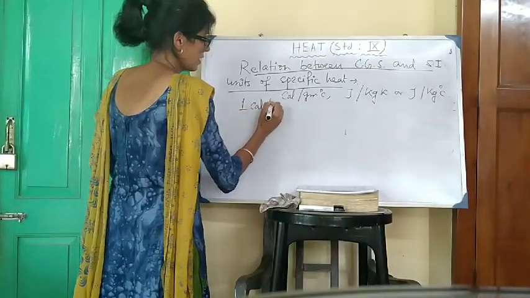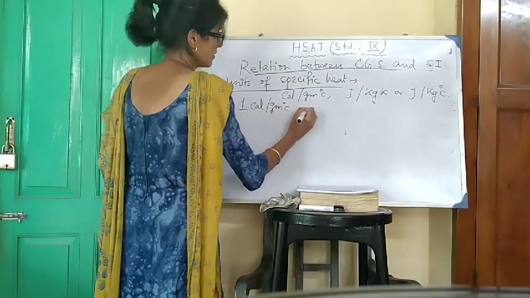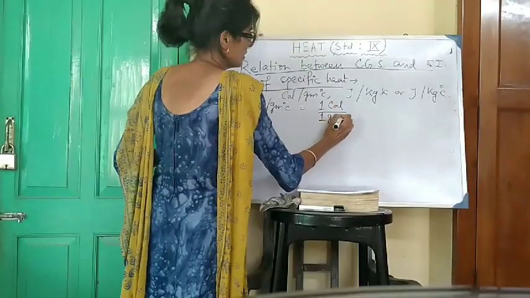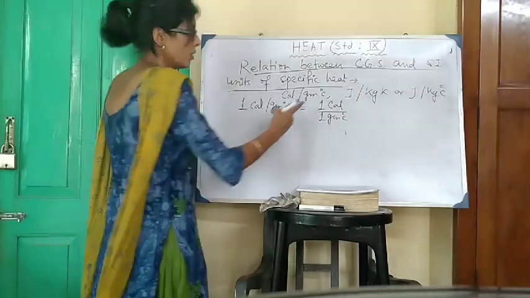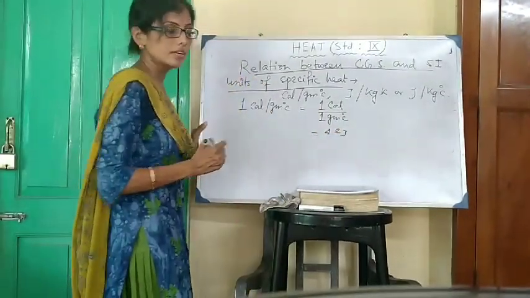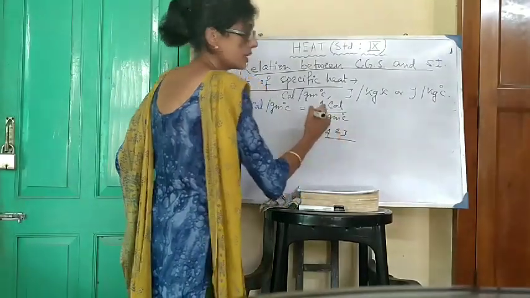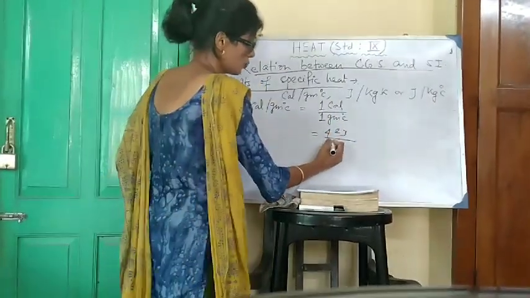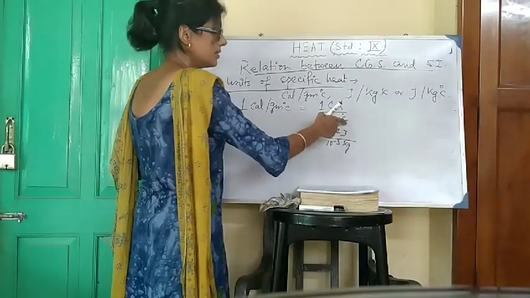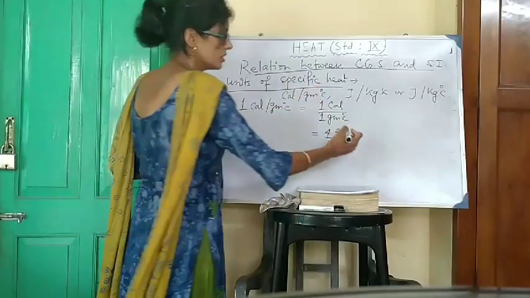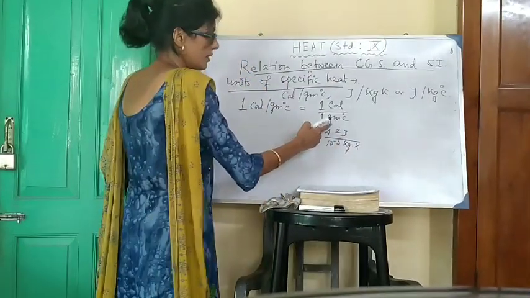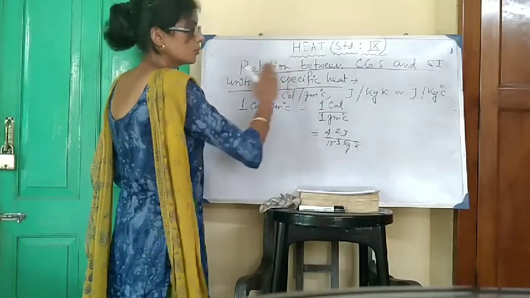1 calorie per gram degree Celsius. We can write it as 1 calorie divided by 1 gram degree Celsius. Okay, 1 calorie is equal to 4.2 joule, the relation between calorie and joule. 1 gram is equal to 10 to the power minus 3 kg. So we can write 10 to the power minus 3 kg in the denominator. Degree Celsius means the increase in temperature in Celsius scale, so we can write it as Kelvin also. Right? 4.2 divided by 10 to the power minus 3, it will go to the numerator.